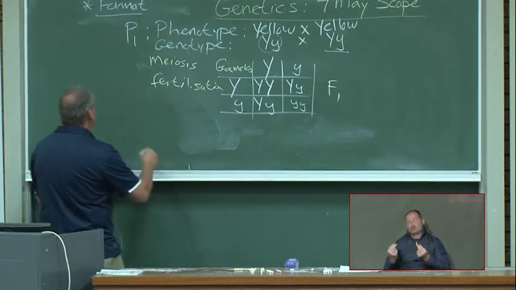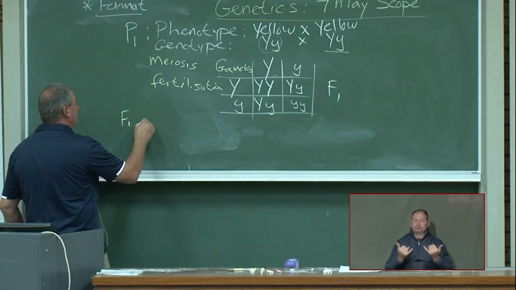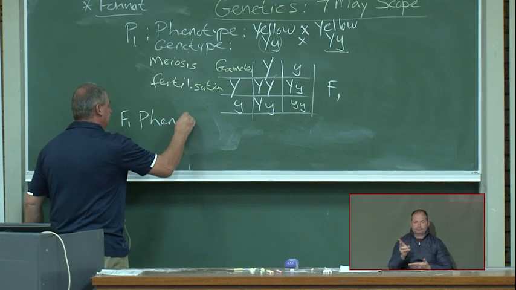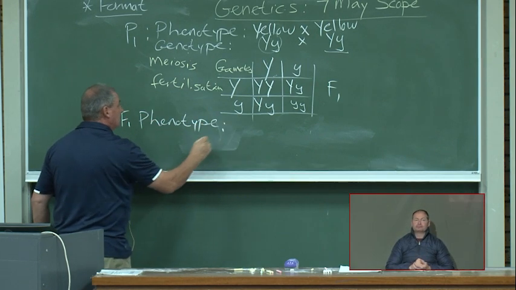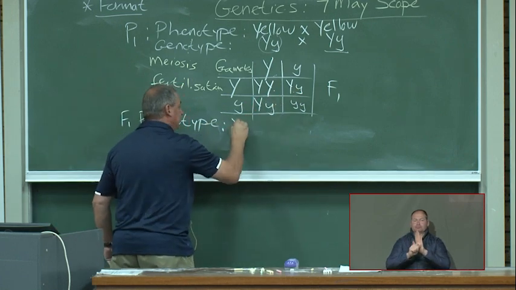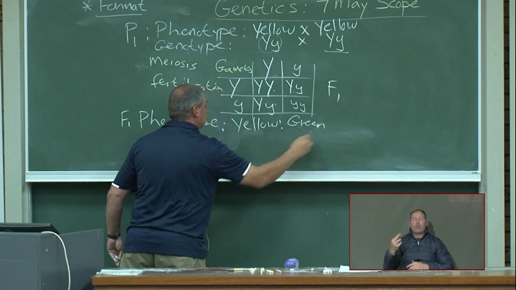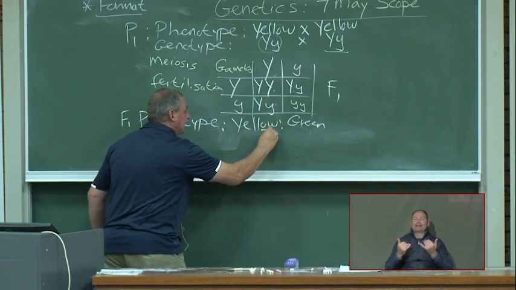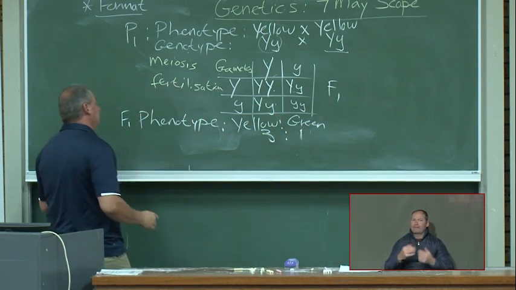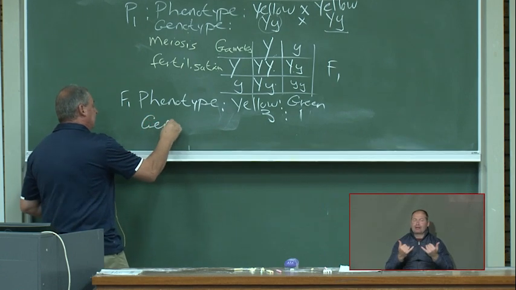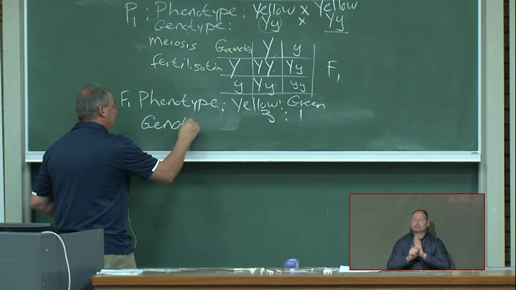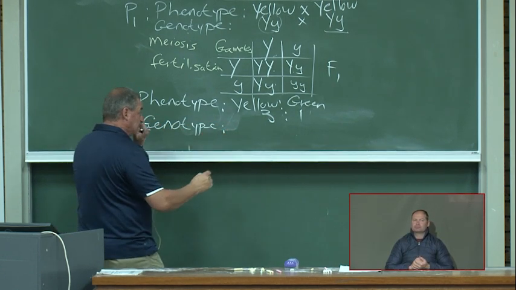Then you summarize here. Summarize for the marker. The phenotype of the F1. What can they be? Yellow, yellow, yellow. It can be yellow, or it can be green. Then I count in the Punnett square. How many? 3:1. Then the genotypes. What can be the genotype of these?